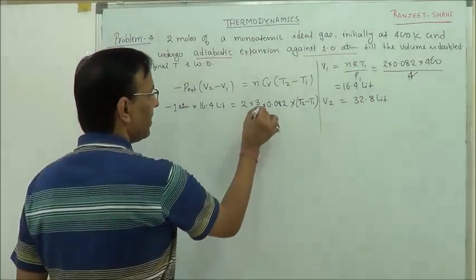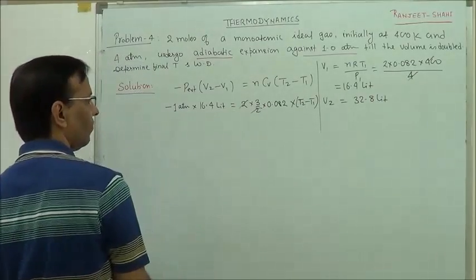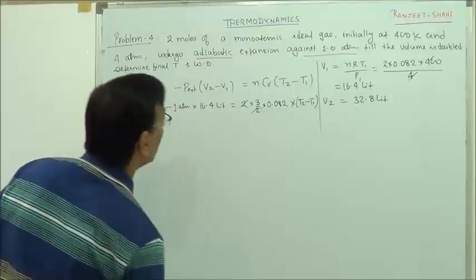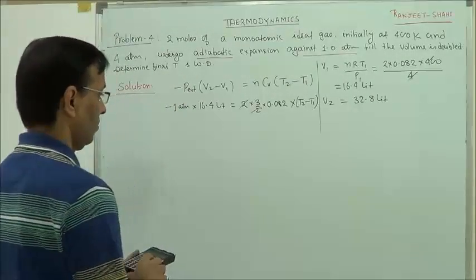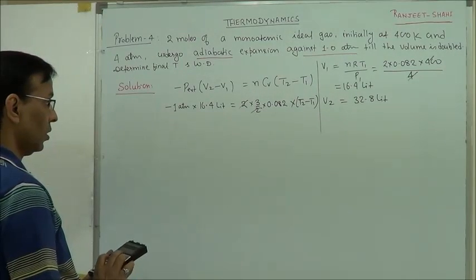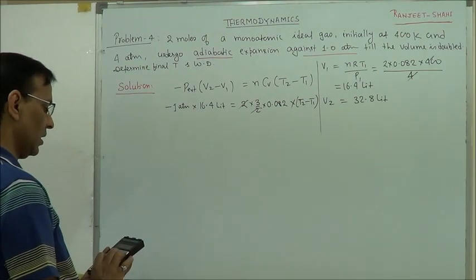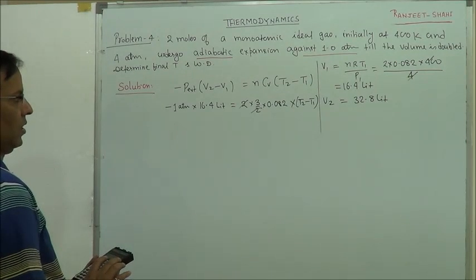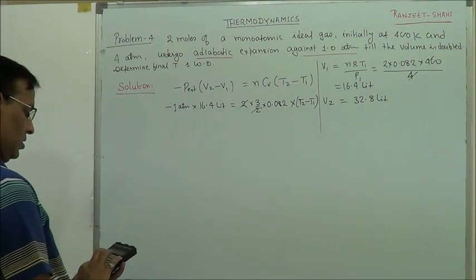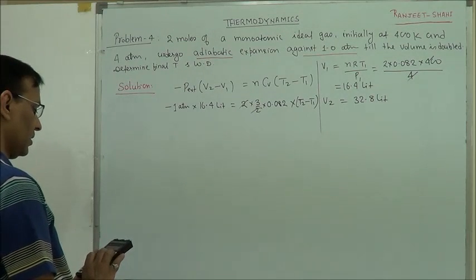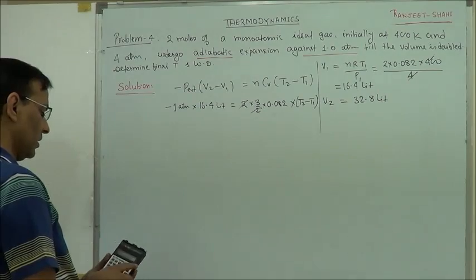If we simplify this, what do we find? 0.082 into 3, 0.246, 16.4 divided by 0.246, 66.66.